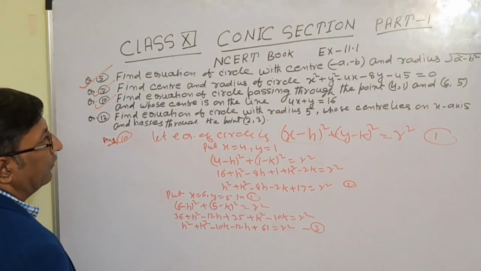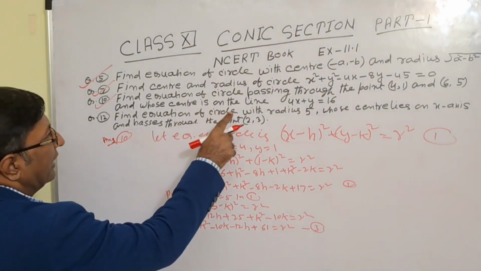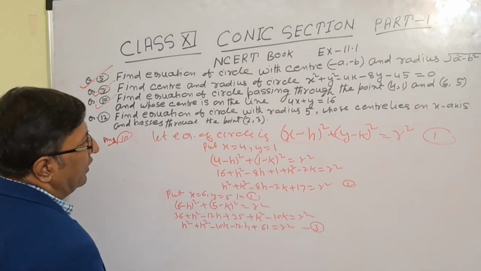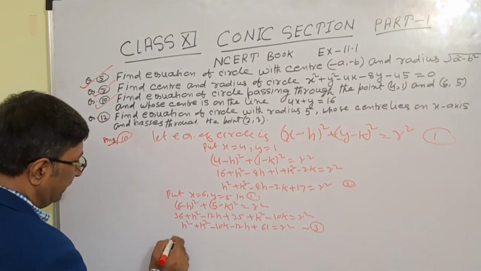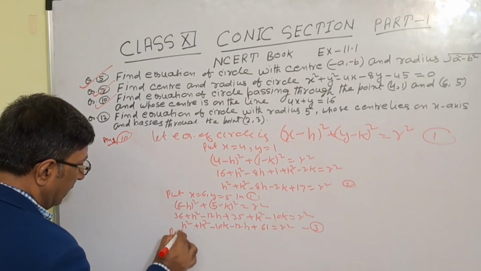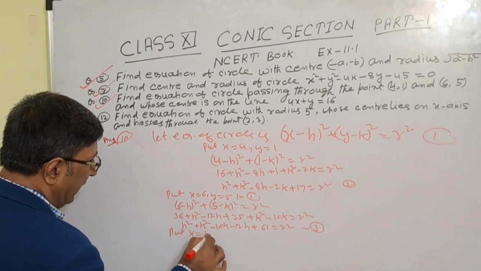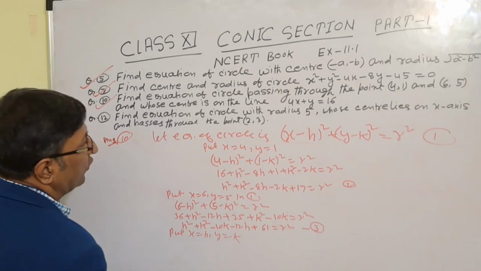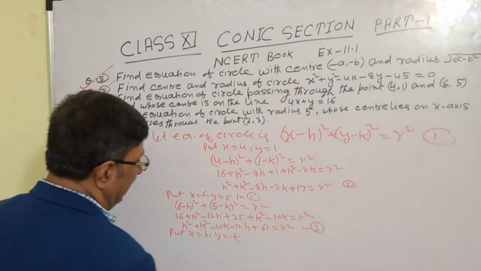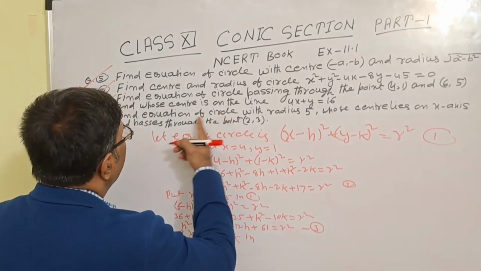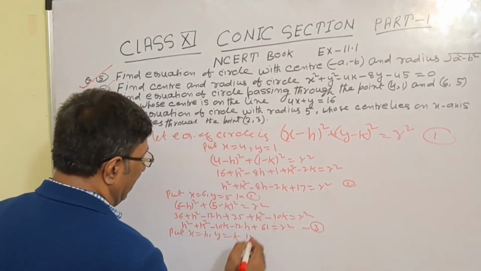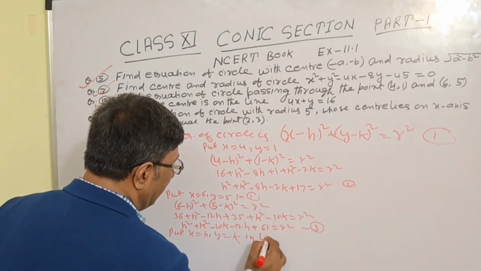Okay, now whose center lies on 4x plus y equals 16. You know the center of this equation is what? (h, k). So put x equals h and y equals k in the line equation, since the center is on the line.